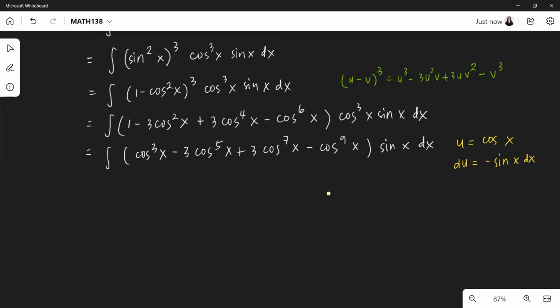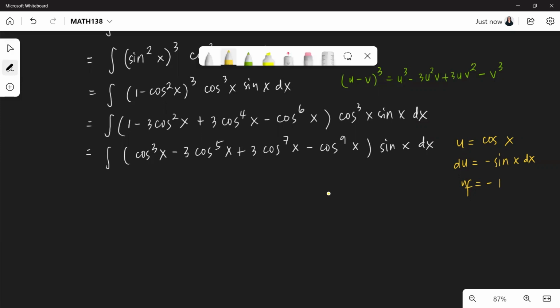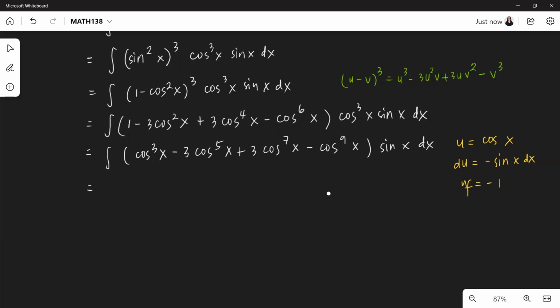So we need a neutralizing factor of negative 1 for each of the terms, because everything here is in terms of cosine x, raised to the power of n.